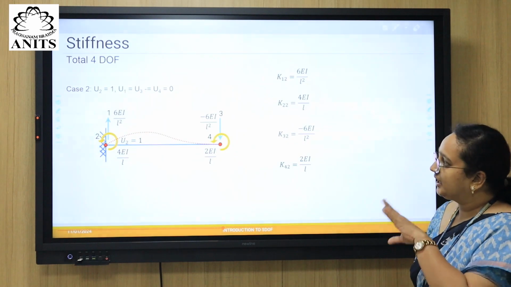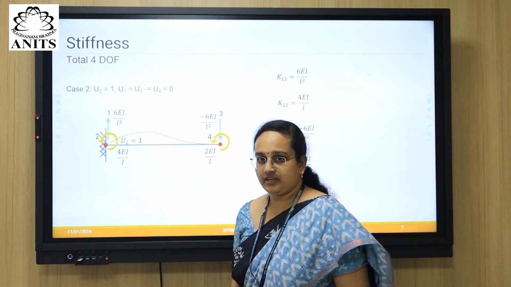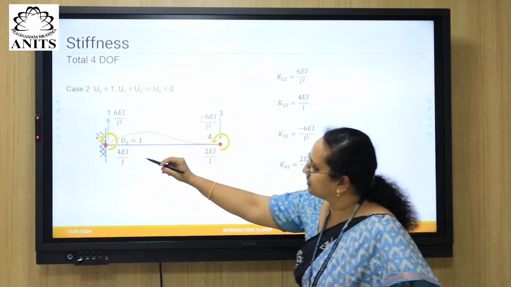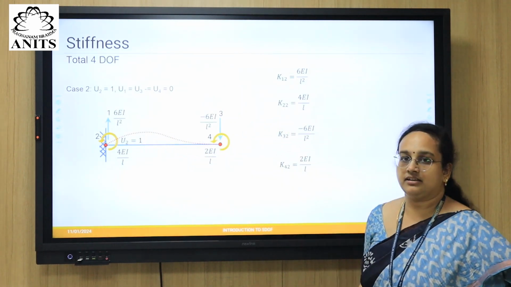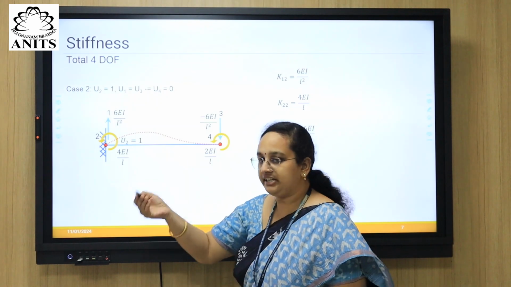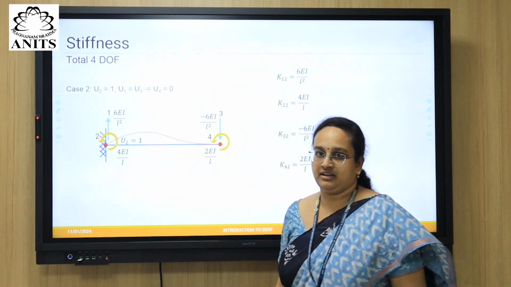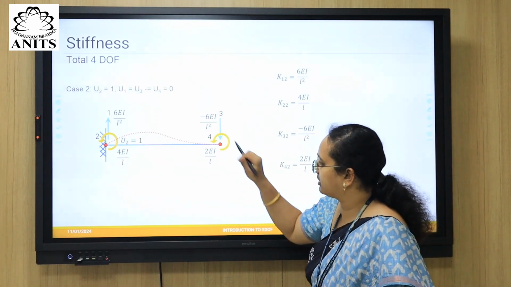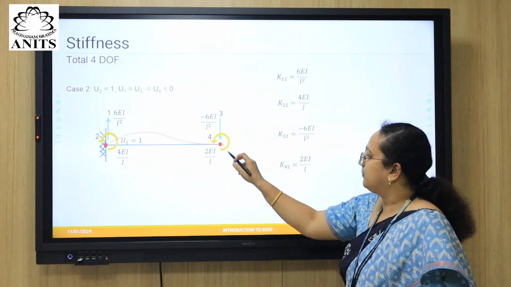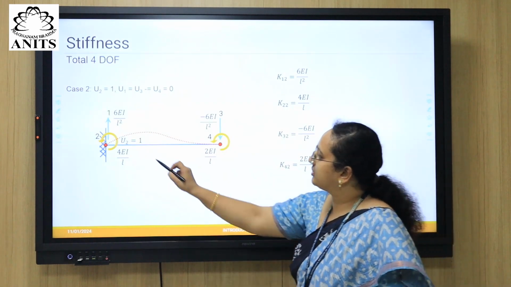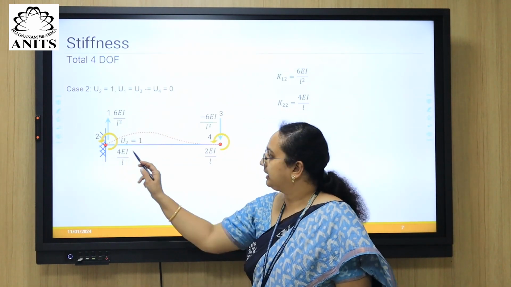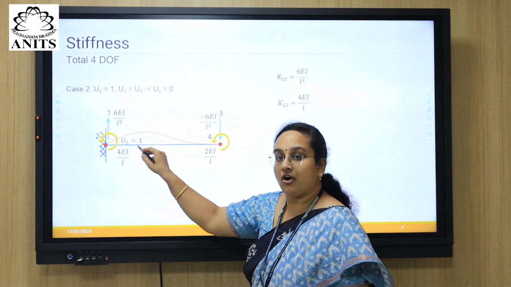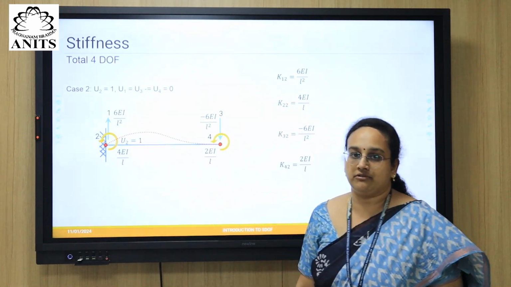Then, if we go for U2, right, second degrees of freedom is the rotation, right? So the beam tends to move like this. Now we are intentionally saying that rotation is 1. That means we are not ensuring the rigid joint, whereas here, we are still ensuring the rigid joint where theta is 0, right? So now in second degrees of freedom, this has to develop some moment in such a way that the rotation is equal to 1 unit.